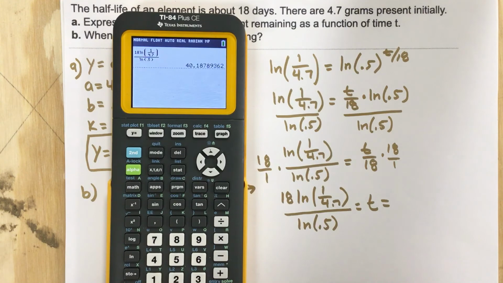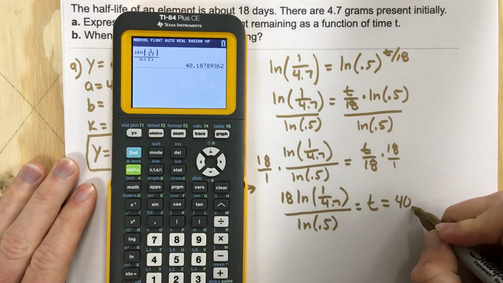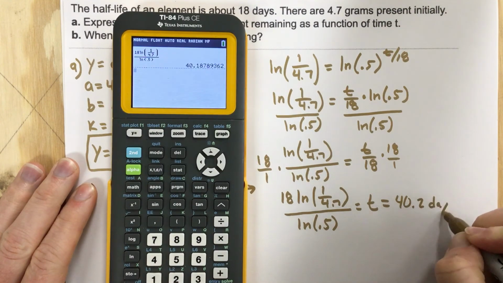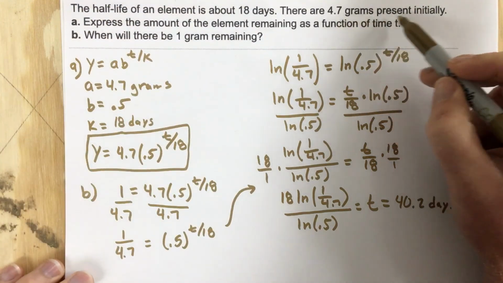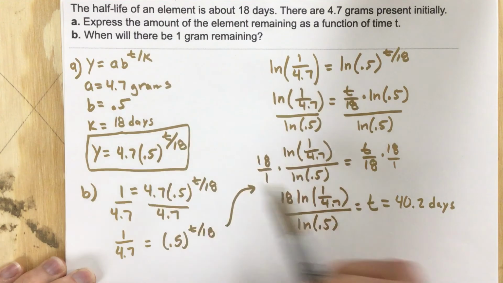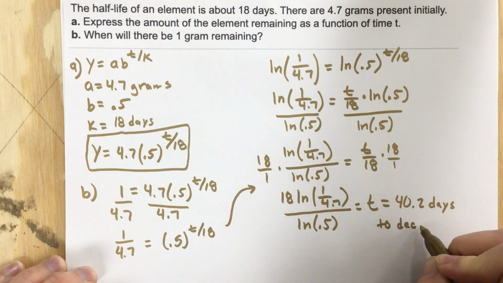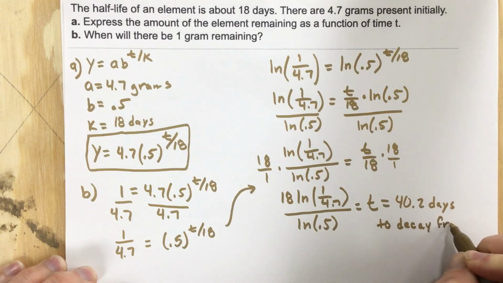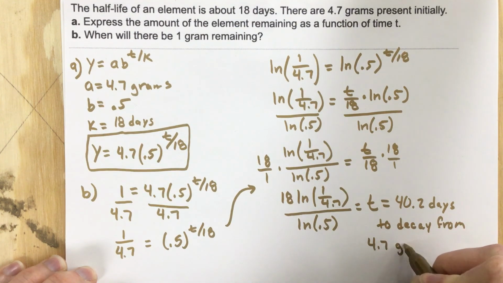And that tells me it's going to take 40.2 days for this 4.7 grams to basically decay to 1 gram. So 40.2 days to decay from 4.7 grams to 1 gram.